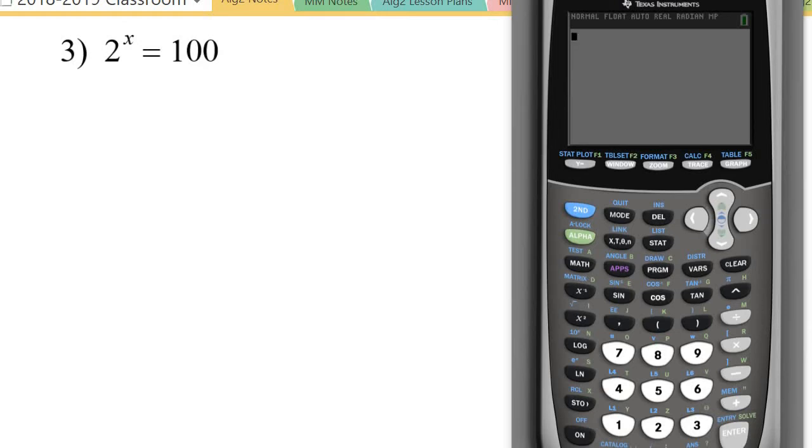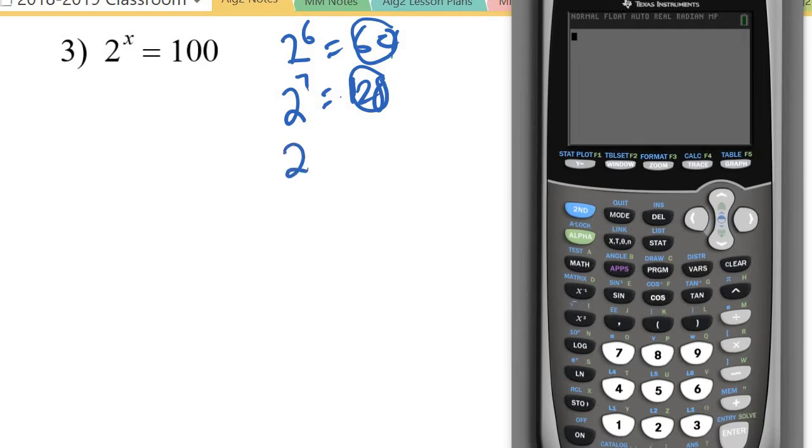Because we don't have a particular integer value, for example, we know 2 to the power of 6 is 64, and we also know that 2 to the power of 7 is 128. These are integer values, but we don't have 2 to the power of something equals 100.